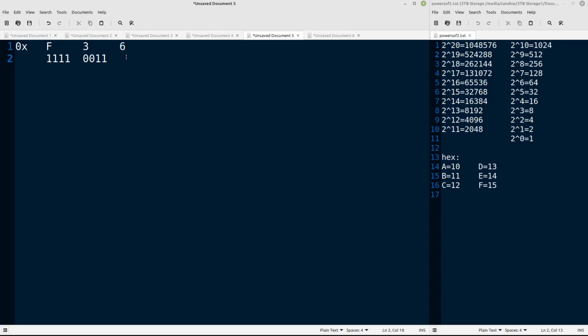Now 6 is going to be 0110, 4 plus 2 gives you 6. There we go. Now we just combine it up. And there's F36, our hexadecimal number in binary, which we could then convert to decimal if we chose to do so, right? Which is going to be a big number. I'm not going to do it because it's going to be a big number.